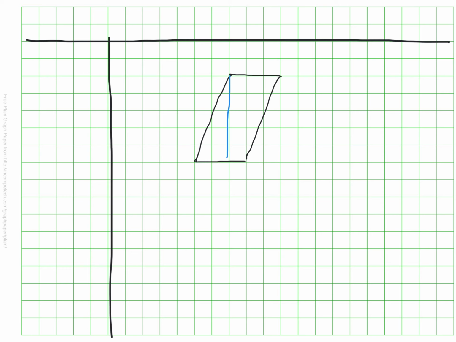And I also can see that it's sitting here on its base. These are the two things I need. And once again, we're always looking for that base and height to be perpendicular or to make a right angle. If it helps, I can imagine that I moved this triangle over to the right-hand side, and I can see that now it makes a nice clean rectangle, right? That's one way to think about it.